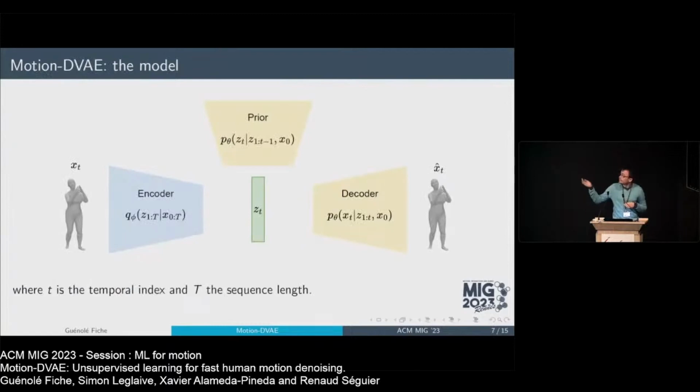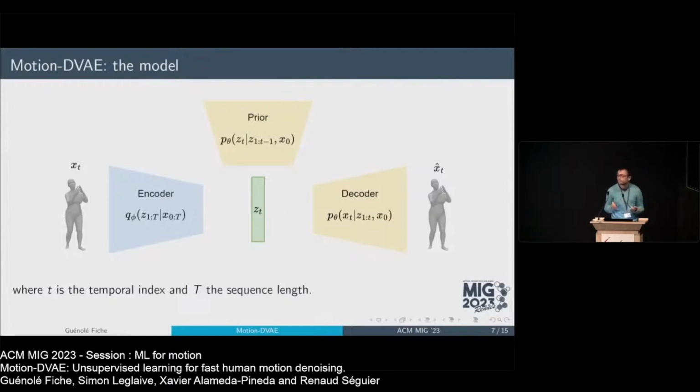First, here is the model we use for the motion prior. So we have a sequence of poses, which will be encoded to a latent space with the encoder. And then we have the decoder, which can reconstruct the motion from the initial pose and the sequence of past latent variables.